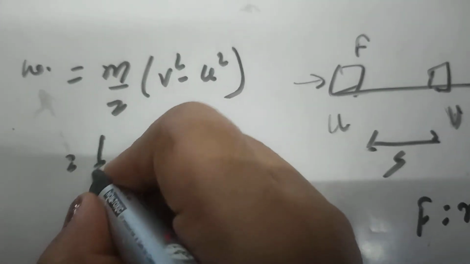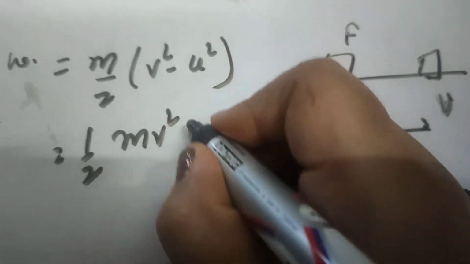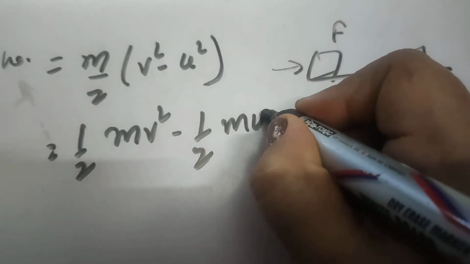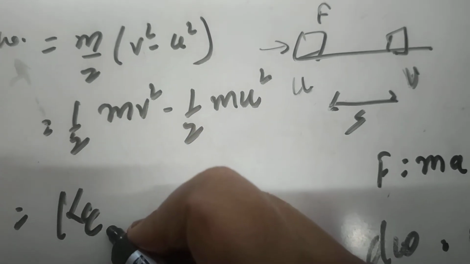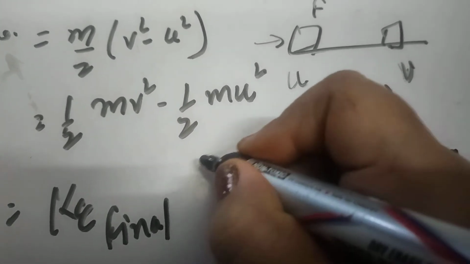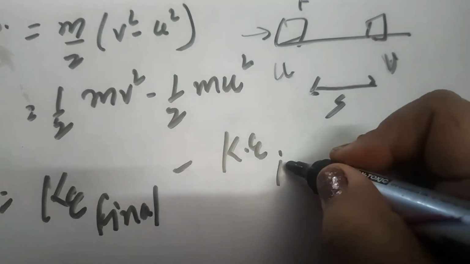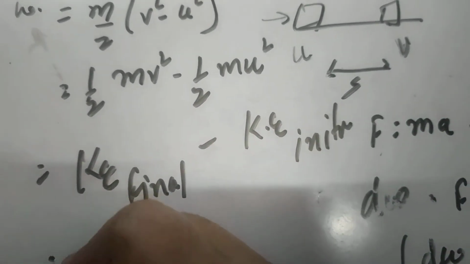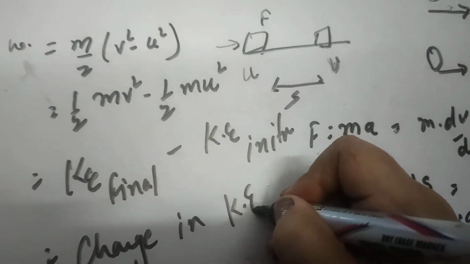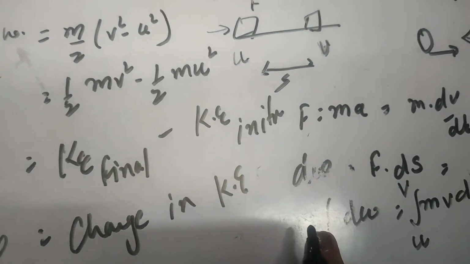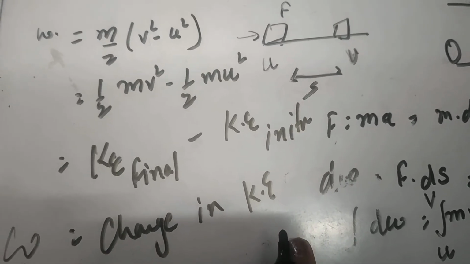So writing it as 1 by 2 mv square minus 1 by 2 mu square, this is the final kinetic energy and this is the initial kinetic energy. So basically the work done is equal to the change in kinetic energy.